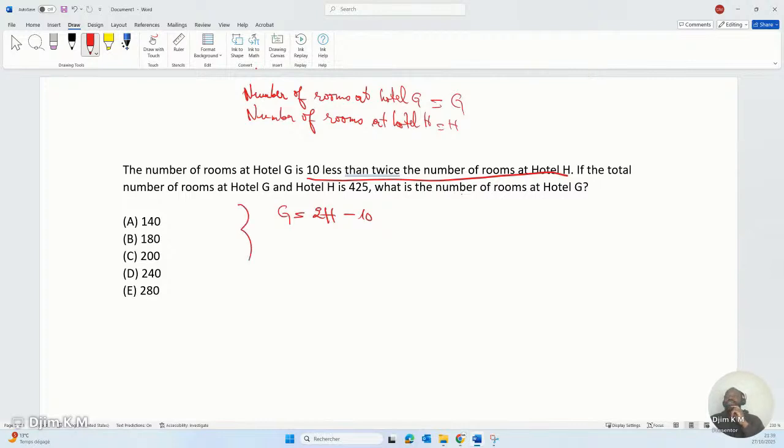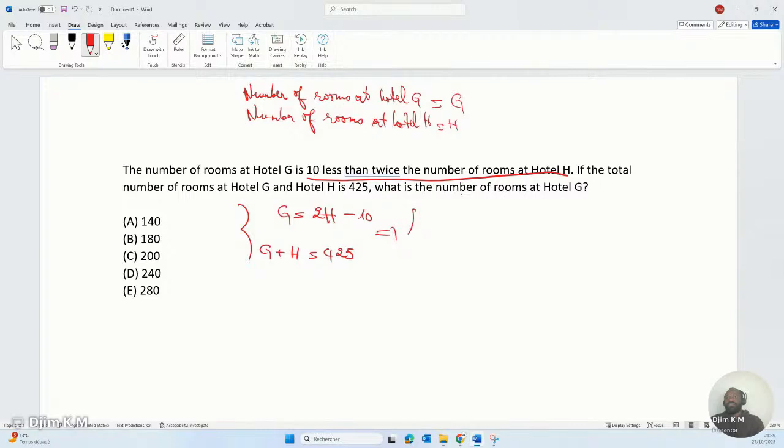And the total number of rooms at Hotel G and H is 425, so G plus H is 425. What is the number of rooms at Hotel G?